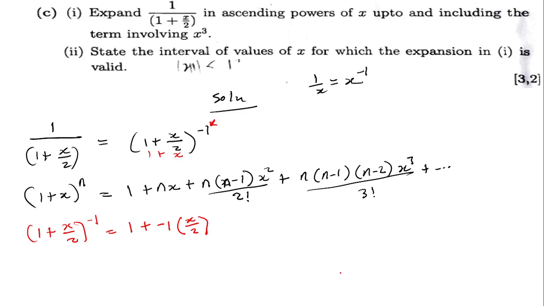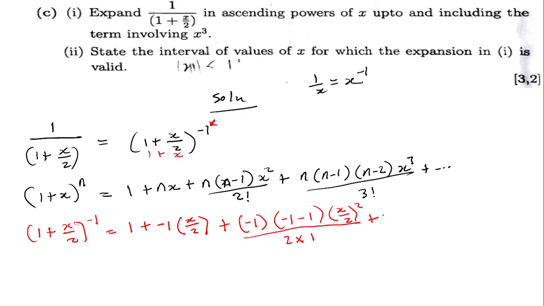So this is how you are going to write it in that particular way. Once you have that in mind, you now say plus, where there is n you put negative 1, and then negative 1 minus 1, and where there is x squared you put (x/2) squared, all over 2 factorial, which is simply 2 times 1.